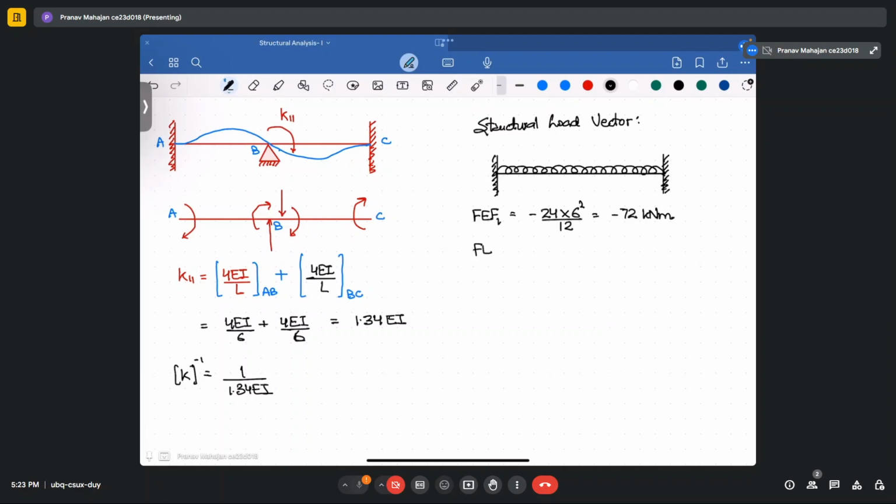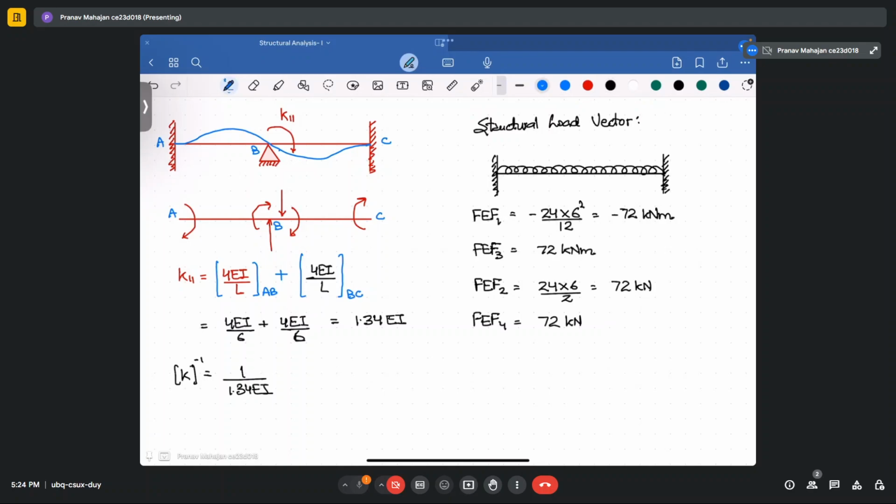Your FEF 3 will be same as FEF 1 but in opposite direction. And now the reaction forces, that is FEF 2, would be equal to 24 into 6 divided by 2. It would also be equal to 72 kilonewton. And your FEF 4 would also be equal to 72 kilonewton.